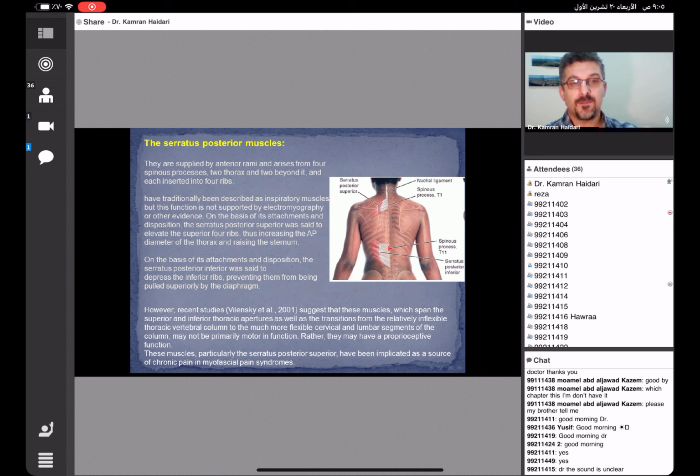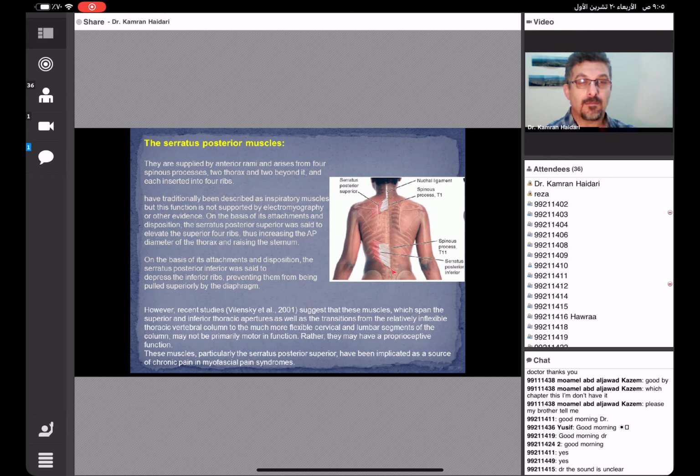It arises from the four spinous processes T11, T12, L1, L2, and attaches to the lower ribs, whereas the superior one attaches to four ribs.